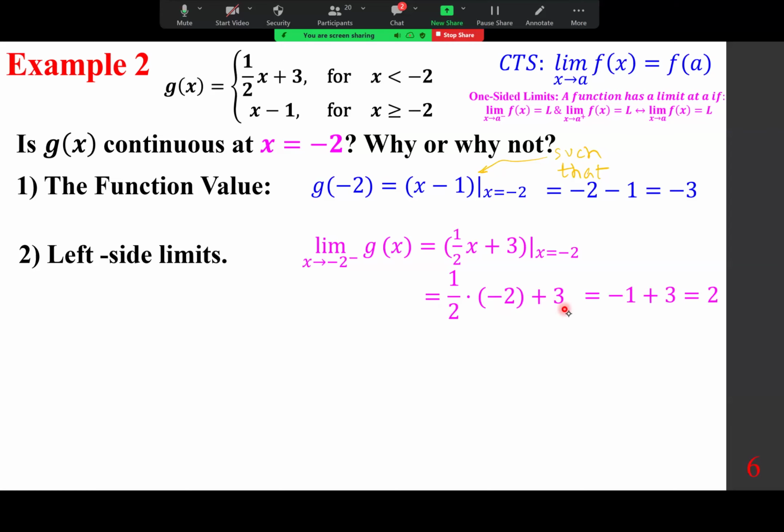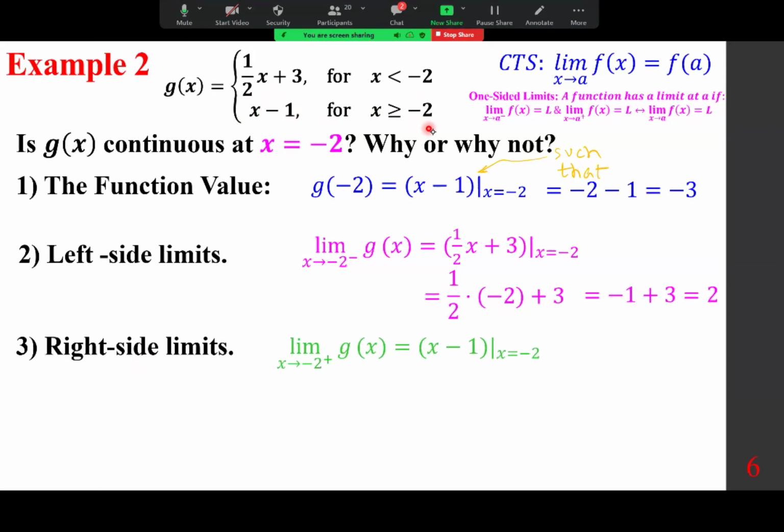Let's look at the right side. For the right side, you're looking for x larger than -2, which is this piece. So you're going to evaluate this piece of the function at x equals -2. So the limit of g of x as x approaches -2 from the right would be evaluating this function at x equals -2.